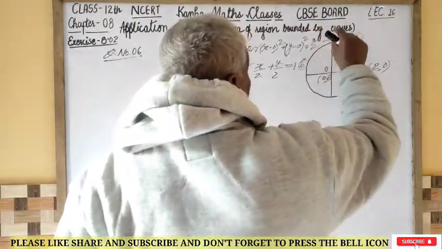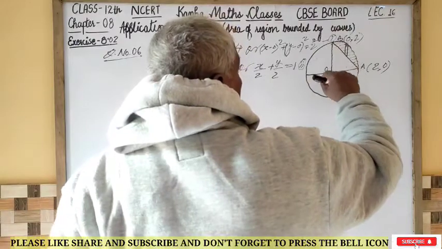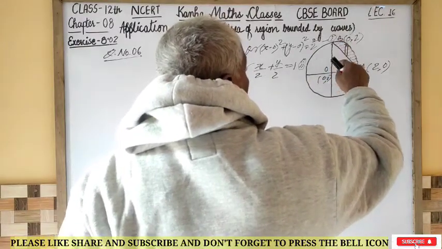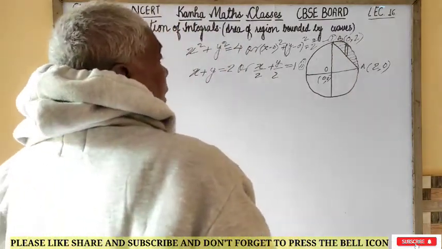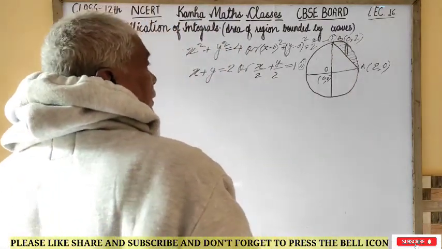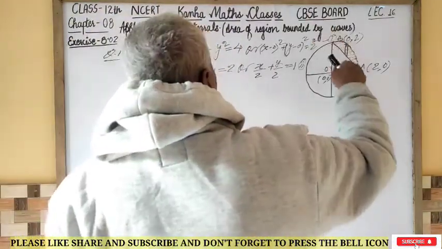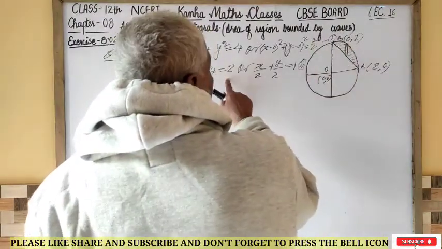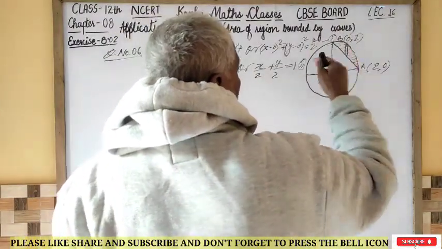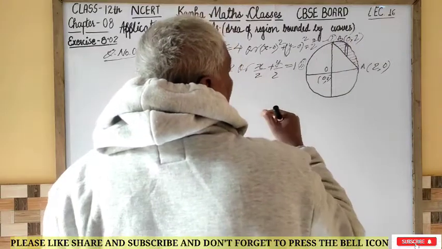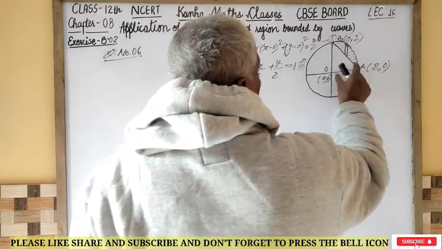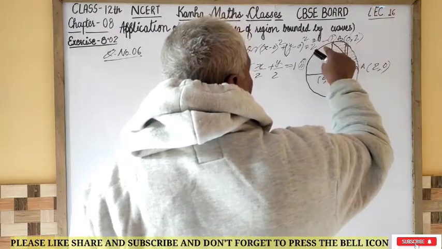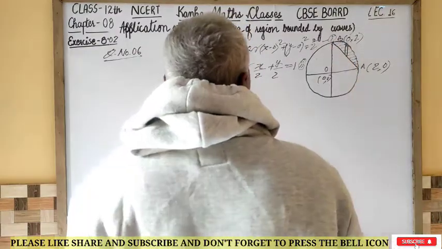Similarly, OB will also be the radius, and hence the coordinate of B will be 0, 2. And this is the equation of AB. x plus y equal to 2 is the equation of a straight line AB having intercepts on x and y of 2 and 2 only.